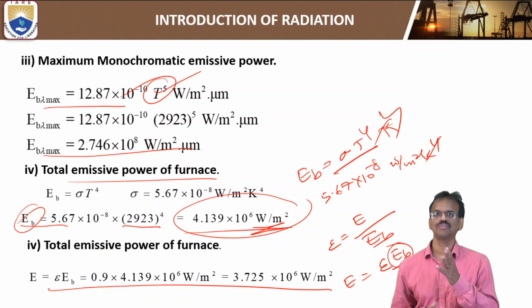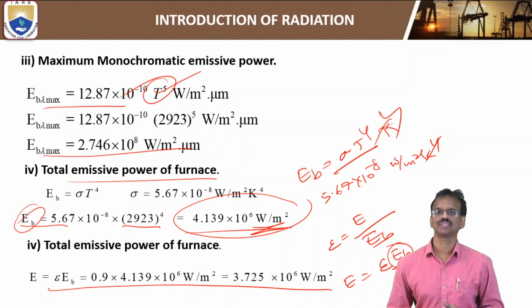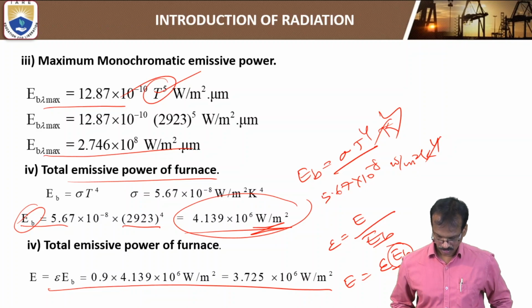But here, three formulas are there because we have to find the total emissive power, the monochromatic emissive power at a particular wavelength, and the maximum monochromatic emissive power. Based upon these three laws, Max Planck's law, Wien's law and Stefan-Boltzmann law, we got the three formulas. By using three formulas, we can find out the emissive power at particular conditions.